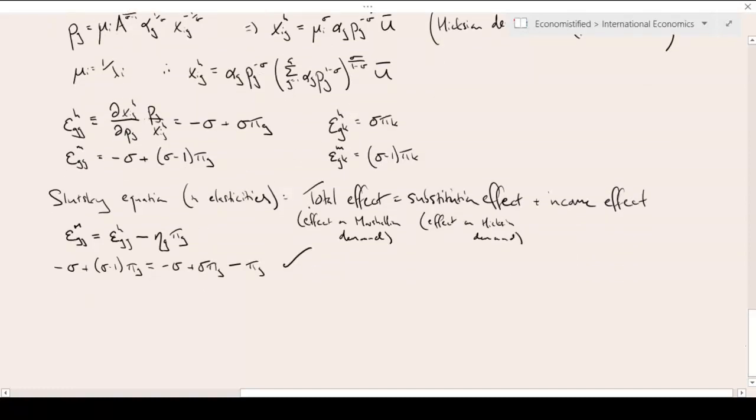And likewise, the cross price elasticity of Marshallian demand is equal to the cross price elasticity of Hicksian demand, the substitution effect, again less the income effect. So I think it should be eta_k times pi_k.